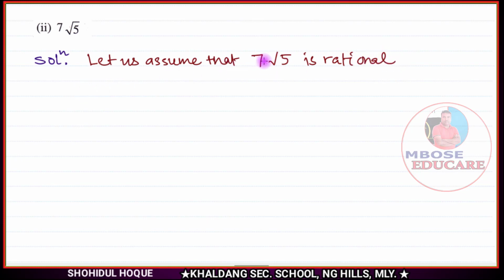When this number is rational, then it has a form a by b. Therefore 7 under root 5 is equal to a divided by b. And there is a condition we have to write that a and b are co-primes.